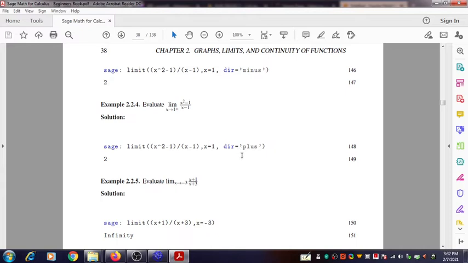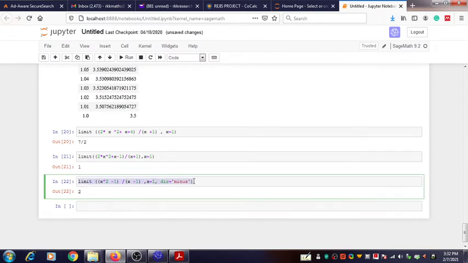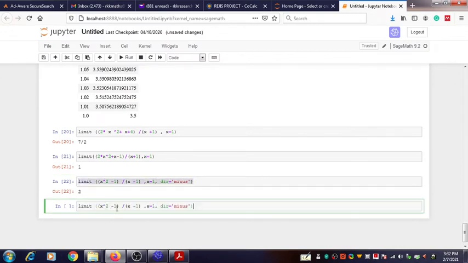So for obtaining the other limit, you have to replace minus by plus. I am going to cut and paste the same expression, because the same expression is needed, but with minus replaced by plus.